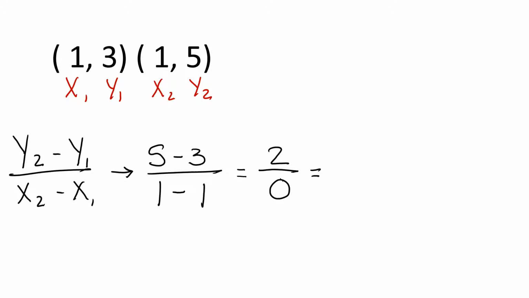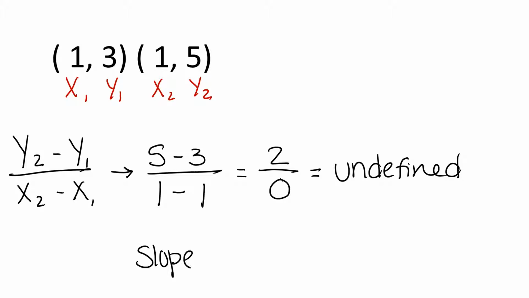If you type that in on the calculator, 2 divided by 0, you get an error message. When you get an error message, the slope is undefined. It is actually the word undefined.